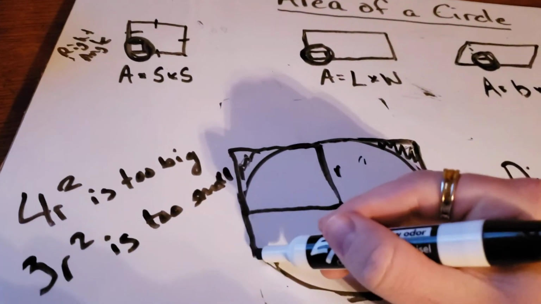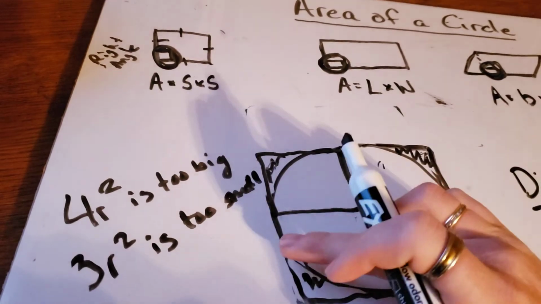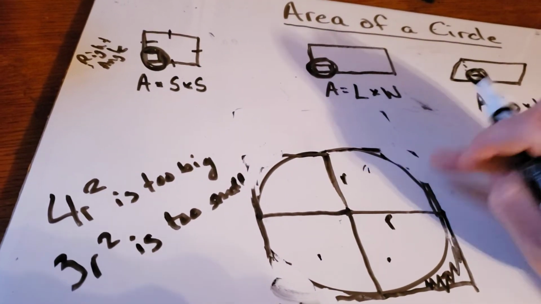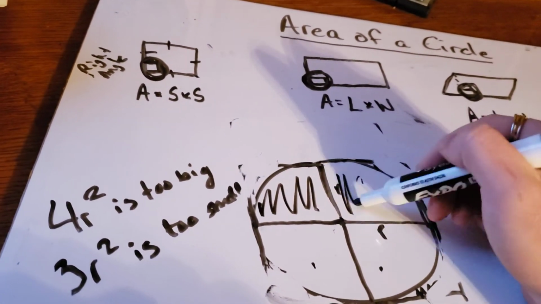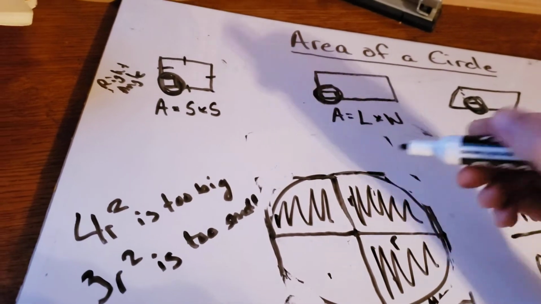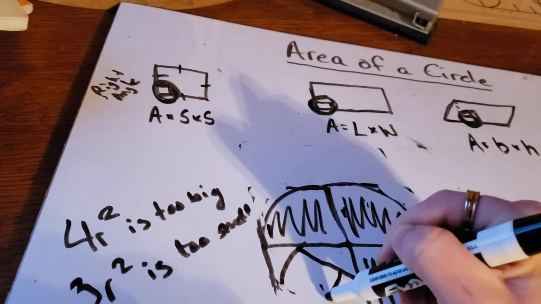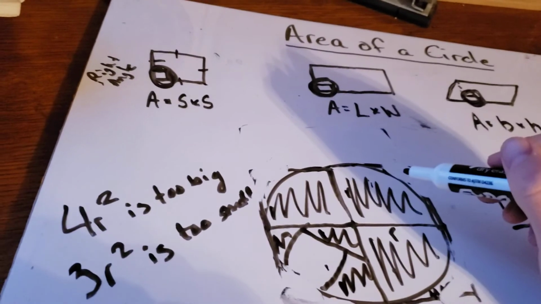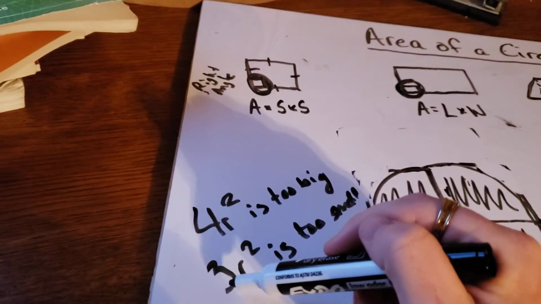Now looking back at that again, hopefully you agree with me that 4 of those r squareds was much too big. 3 of them, if I took these little chunks off and I applied them to this 4th square, we'd cover this entire piece, this entire piece, this entire piece, and those little chunks would almost cover all of our 4th piece. But it's too small, just a little bit. So 3 of those squares is much closer than 4 of those squares.